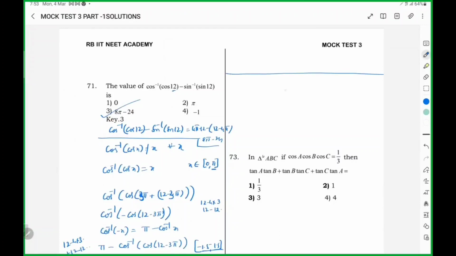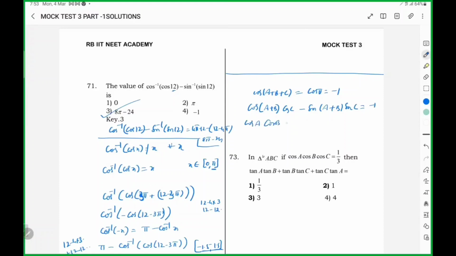Here it will be clear in this problem. Consider cos of a plus b plus c, which is cos pi, which is minus 1. Cos of a plus b times cos c minus sin of a plus b times sin c is equal to minus 1.